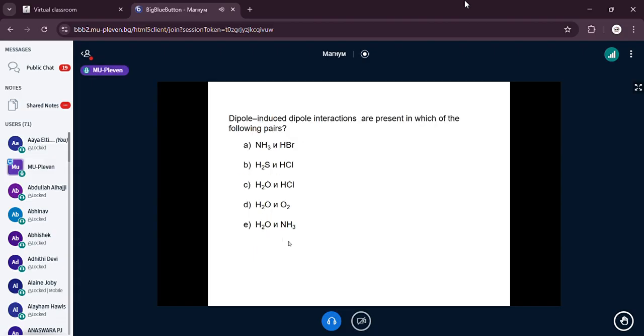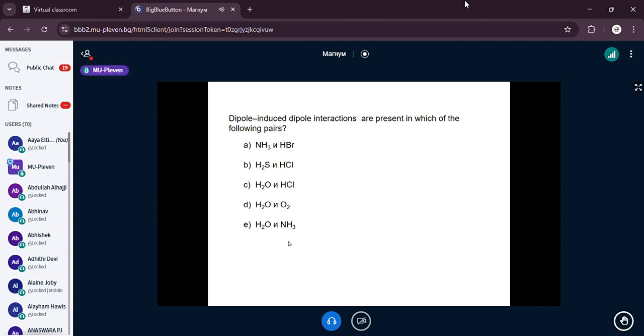Please find the proper example of dipole-induced dipole interaction. Which letter? E. Oxygen and water is the correct answer.